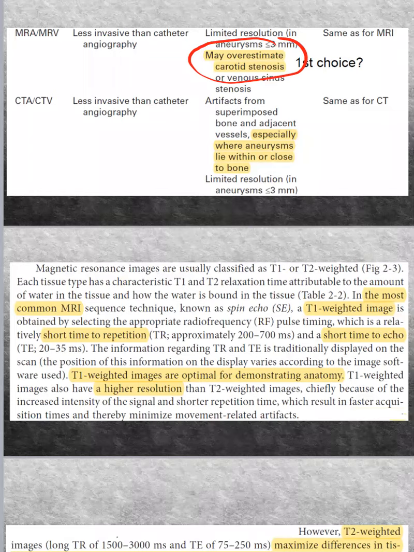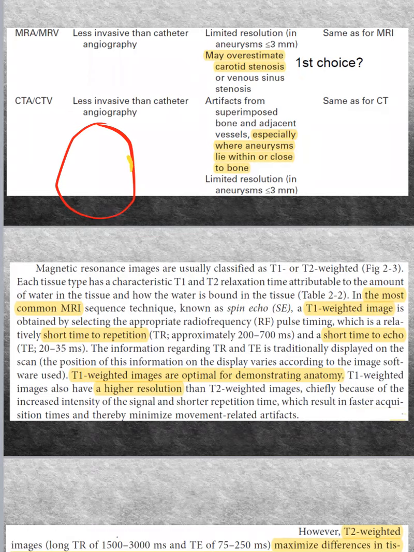This is important, by the way. If I have a bone like that, you know that that bone will appear in white color in cases of what? In cases of CT. And here you will have a vessel, and this vessel will also be white. So if I have an aneurysm, this aneurysm will be missed.